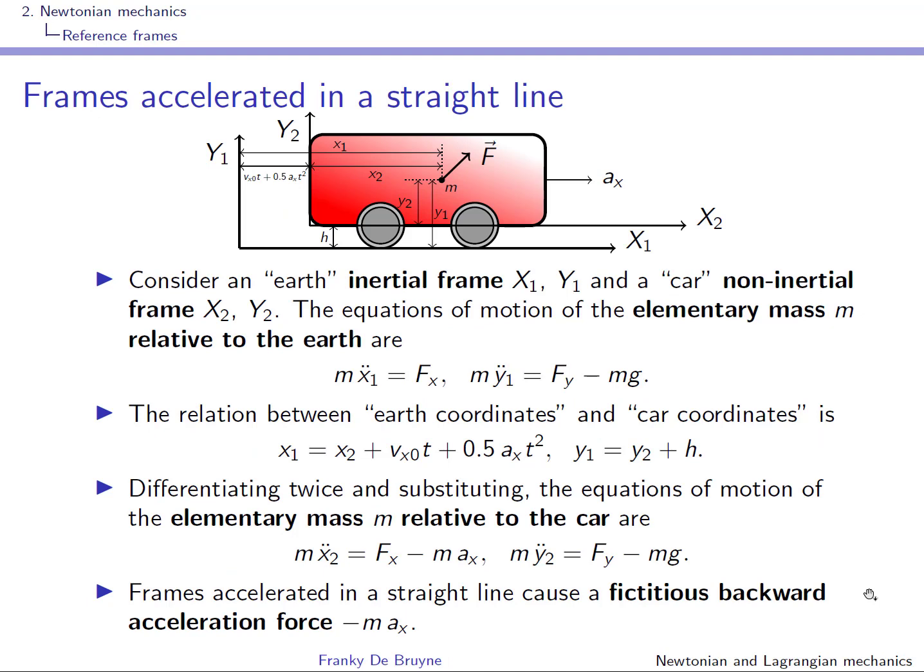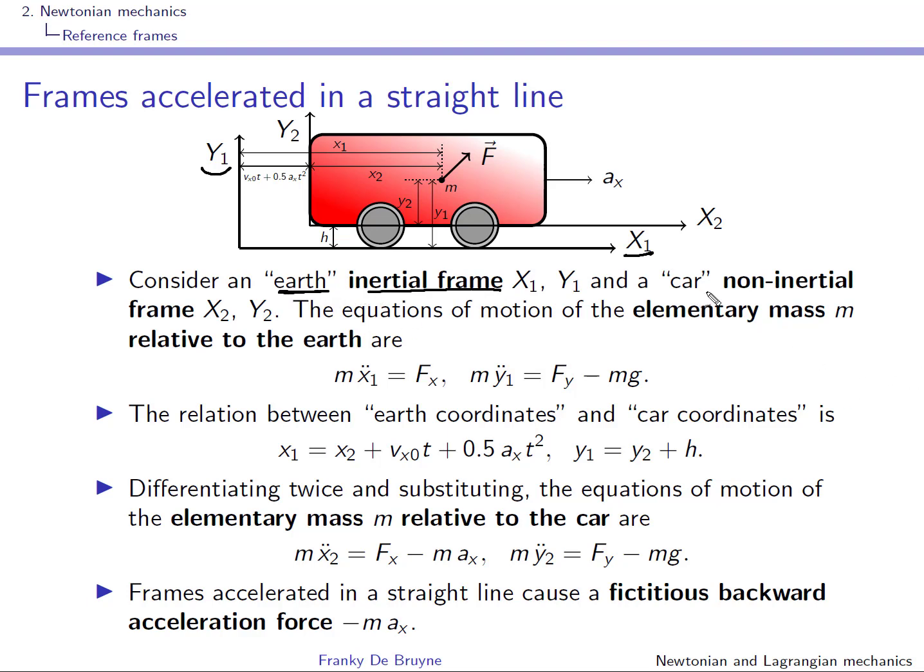We'll first consider the case of a non-inertial frame, but one that is accelerated in a straight line. So you have two frames here. You have the frame x1, y1, which is inertial because it's linked to the Earth.